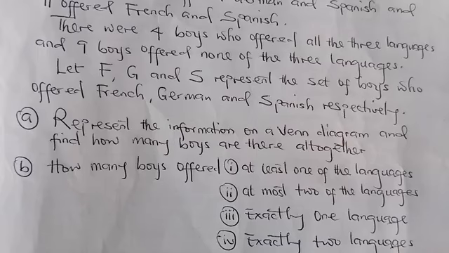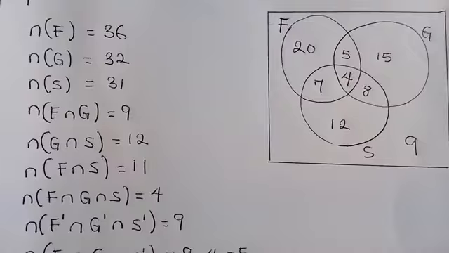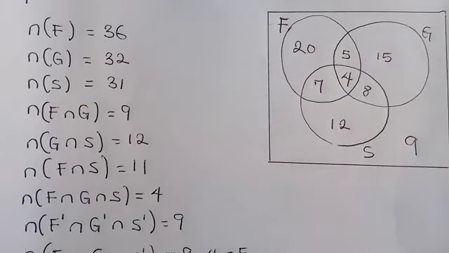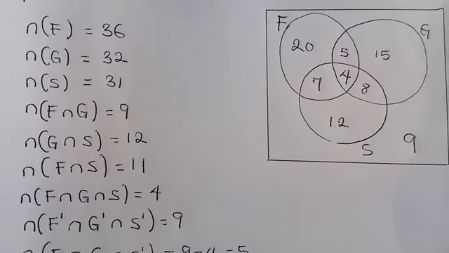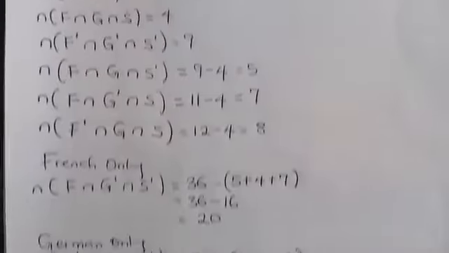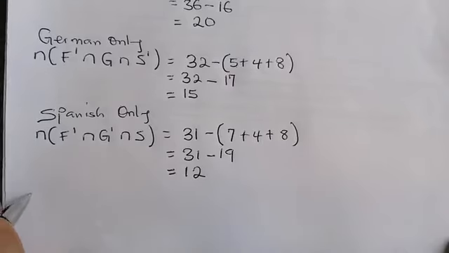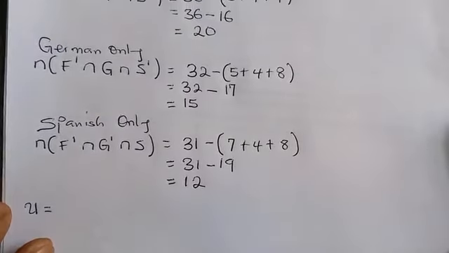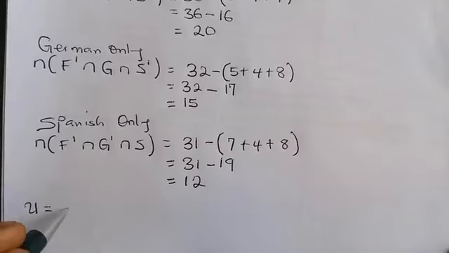What is left for us in the A part of that question is to find how many boys are there altogether. To find how many boys are there altogether is to sum all the data you have here in this Venn diagram. That will give us our universal set. So our universal set is going to be equal to the number of those that offered the 3 subjects, equal to 4.